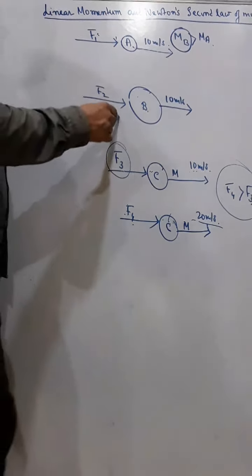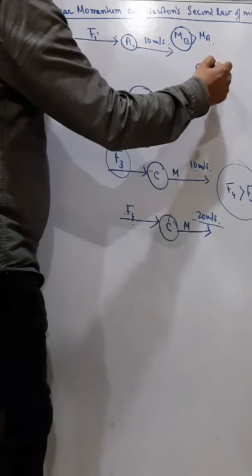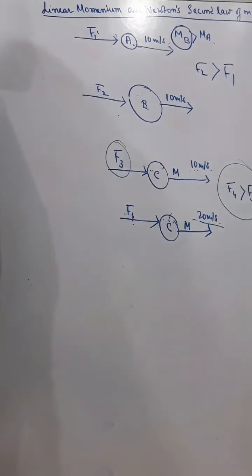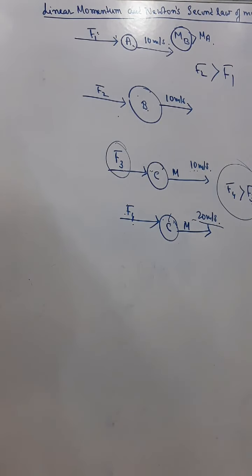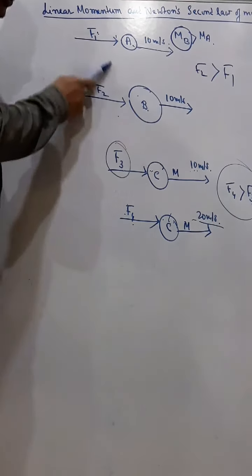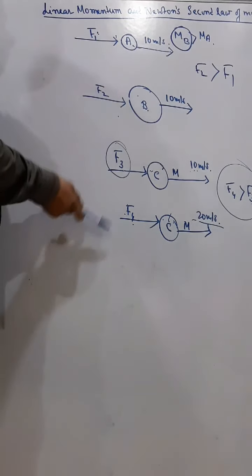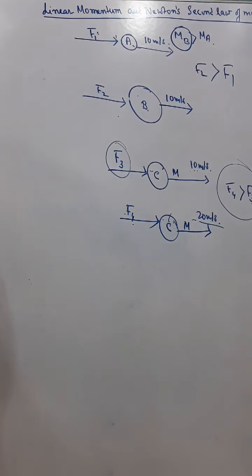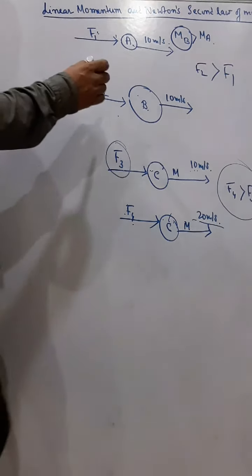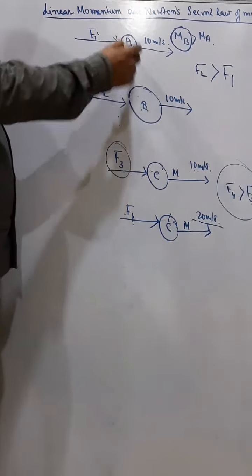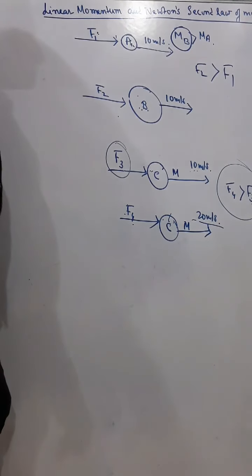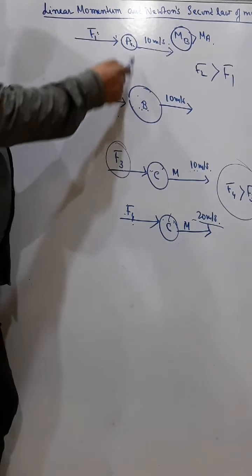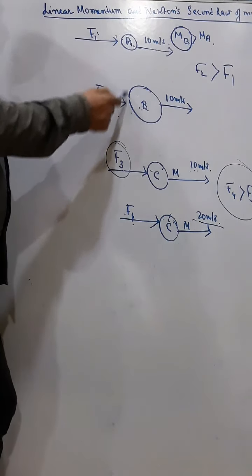And in the earlier case you can see that F2 was greater than F1. So what did we understand in these two cases? We understood that if the masses are different, to move a body with the same velocity, I require different forces.